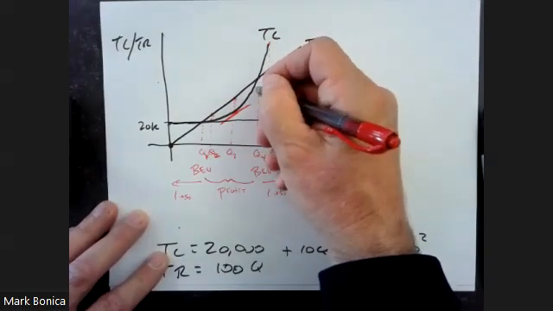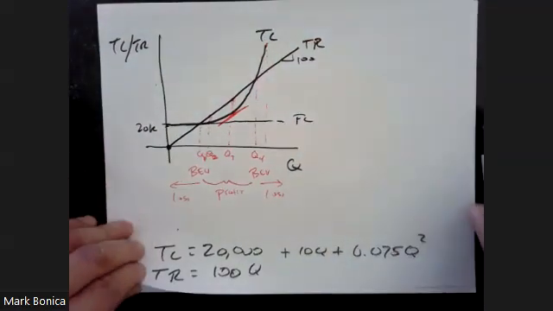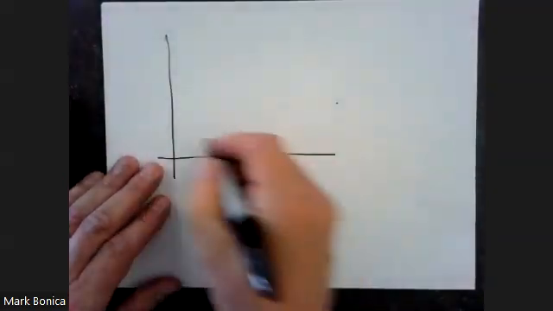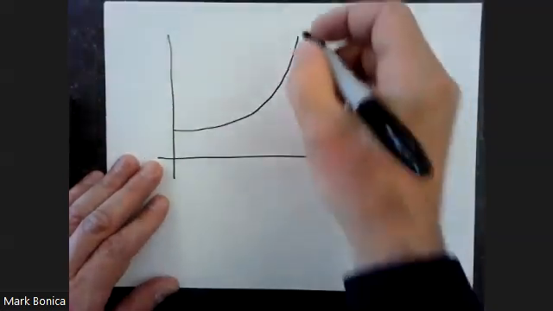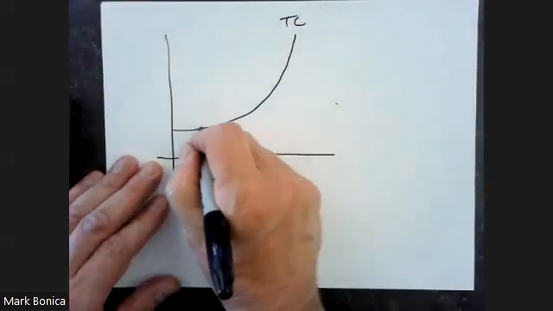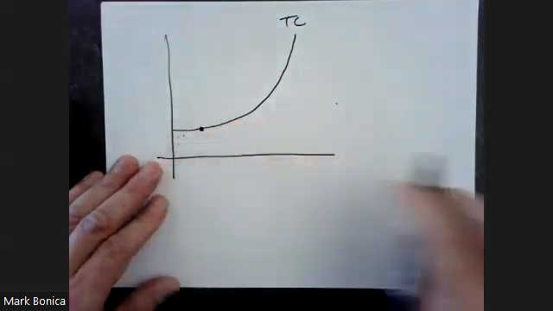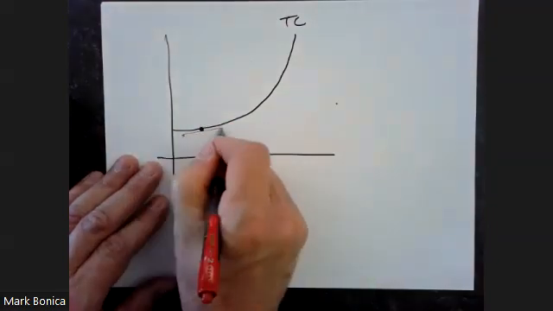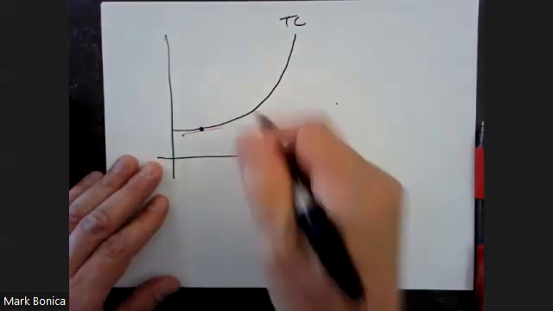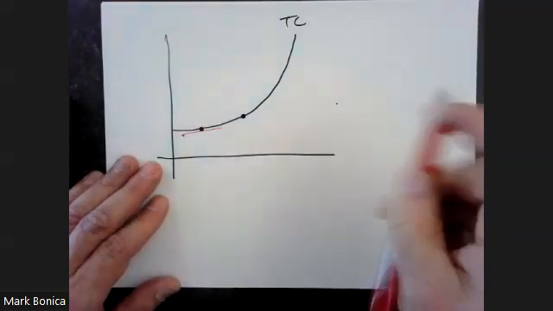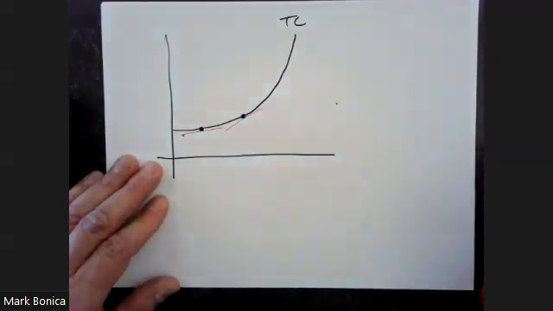Let me redraw this so I don't mess this one up. I've got my total cost curve. I pick a point here. My tangent's like that. I pick a point here. My tangent's like that.